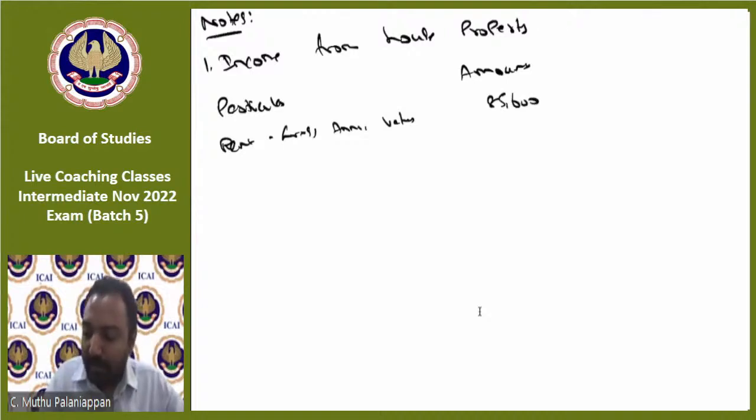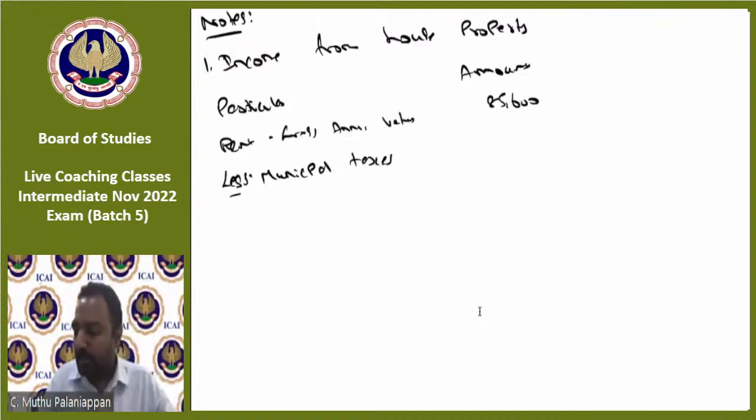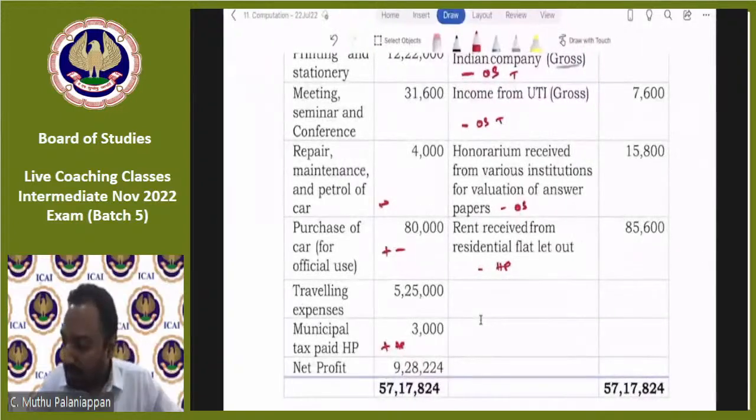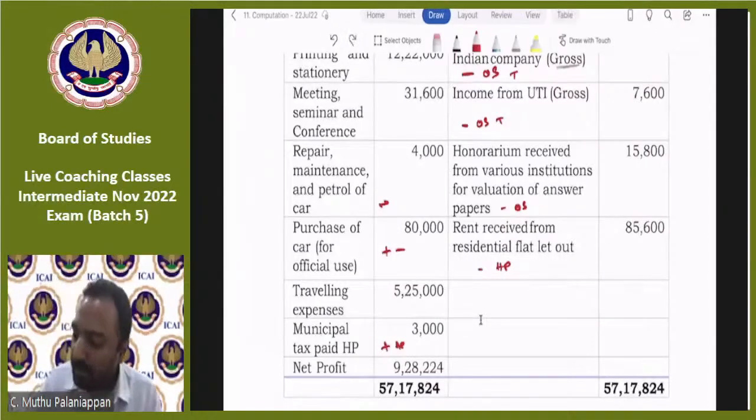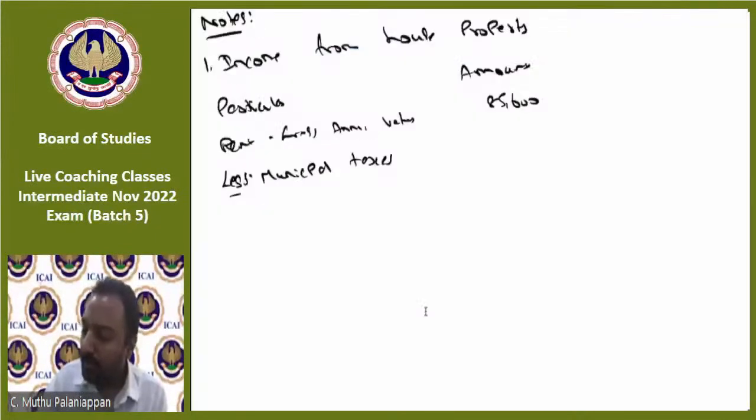So gross annual value is 85,600, less municipal tax, right? So you adjust your municipal taxes. Now I've considered this, so I strike it off because I've written it there. And the municipal tax, I'm sorry, I'll have to strike in HP because I've considered it in house property. I made to reduce it from there. And municipal taxes is 3,000. So I'm striking here also. I write 3,000.